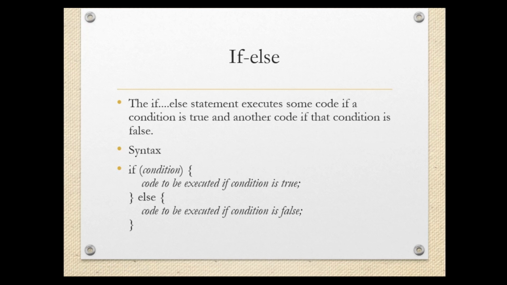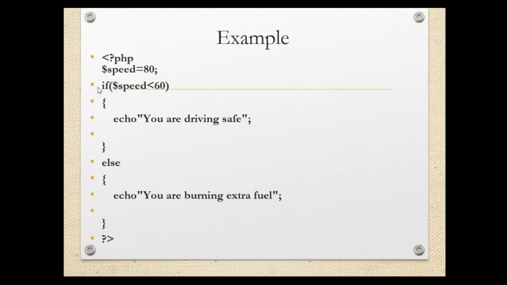Let's see one example of the if else statement. We have declared the opening and closing tags of PHP. I've taken a variable $speed equal to 80. If my $speed is less than 60, that means you are driving safe, else you are burning extra fuel.